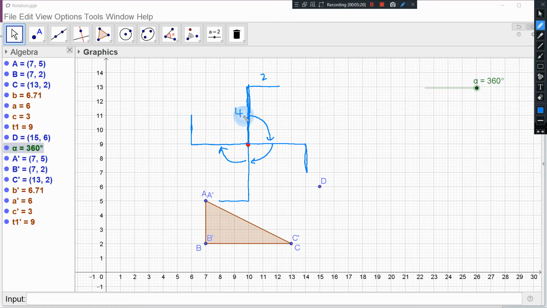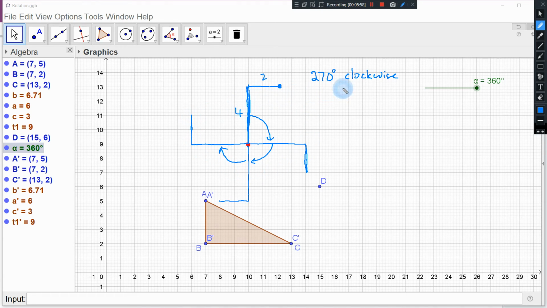From here you will actually notice that 270 degrees clockwise, if I rotate it 270 degrees clockwise from here, it will go here, right?